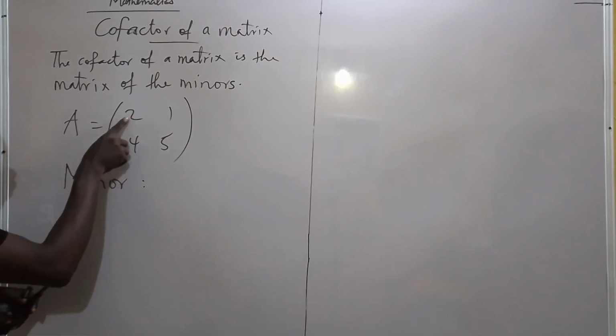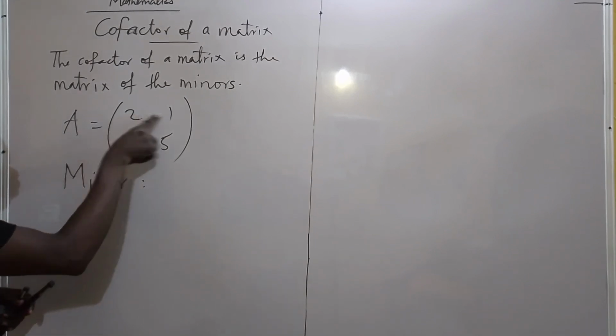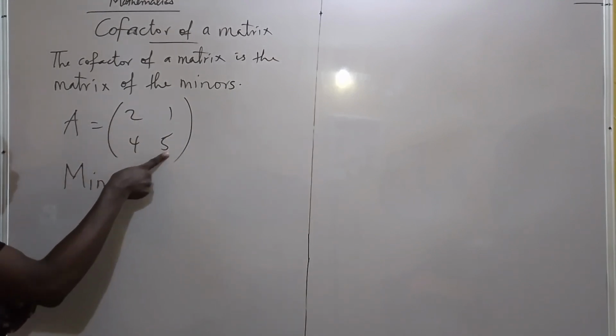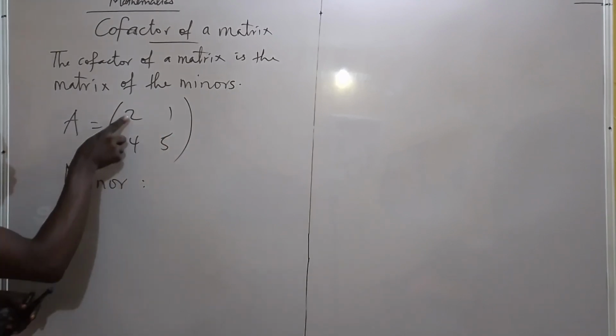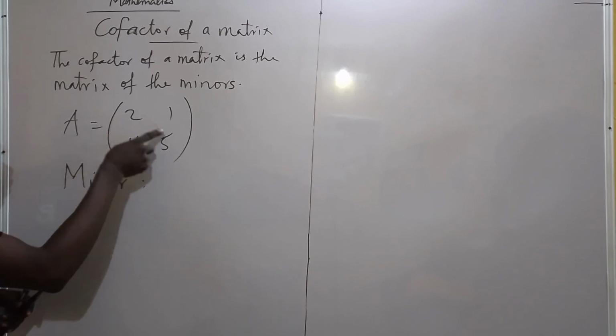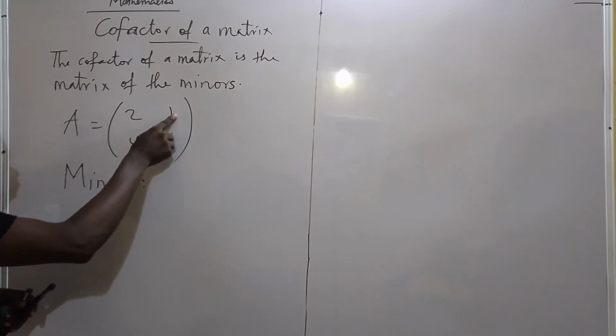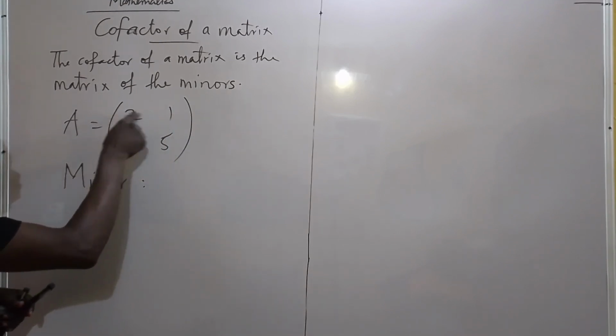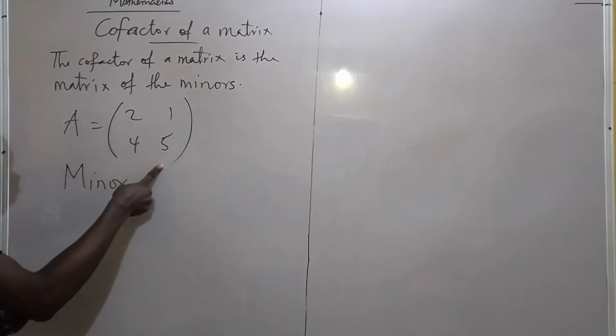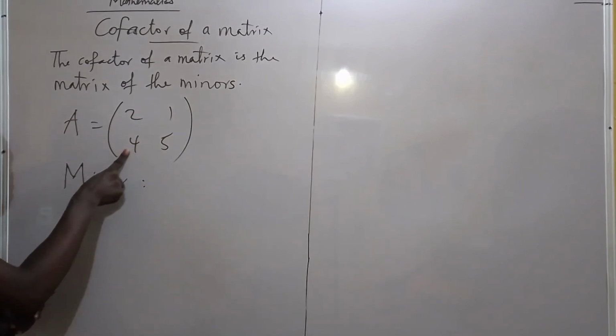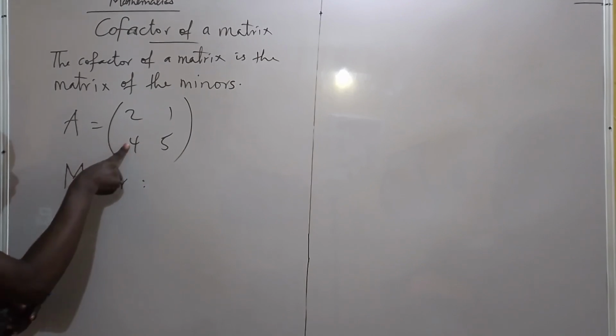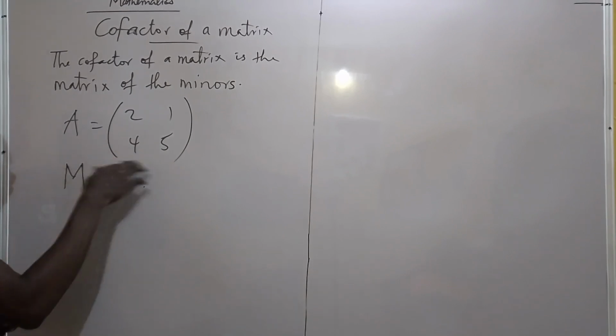The minor corresponding to 2 means delete the row and the column 2 belongs to. The determinant of the leftover matrix is the minor corresponding to the element 2. The minor corresponding to element 1 means deleting the row and column that 1 belongs to, and we find the determinant of the leftover matrix. In this case it is just a single value, so the minor is going to be 4. We can go on like that.